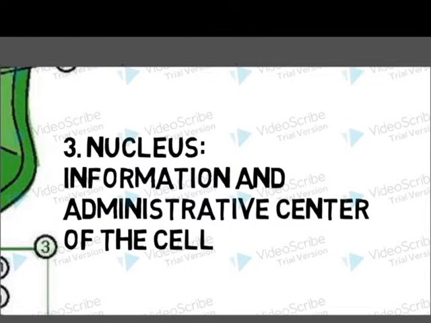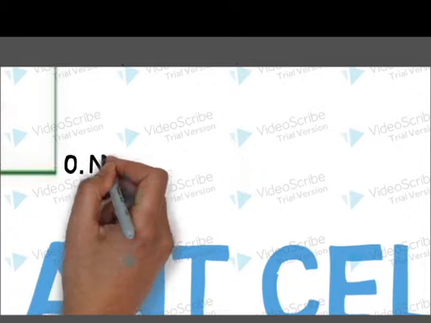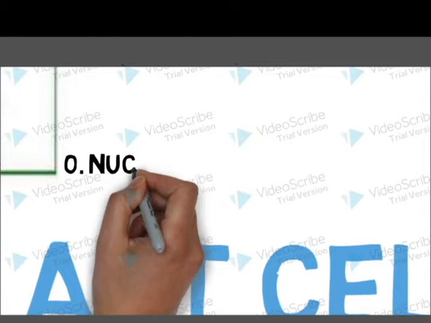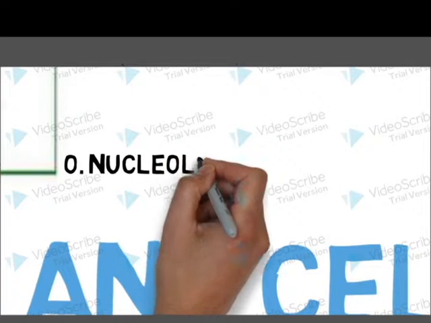The nucleolus produces ribosomes which move out of the nucleus and take positions on the rough endoplasmic reticulum where they are needed for protein synthesis.